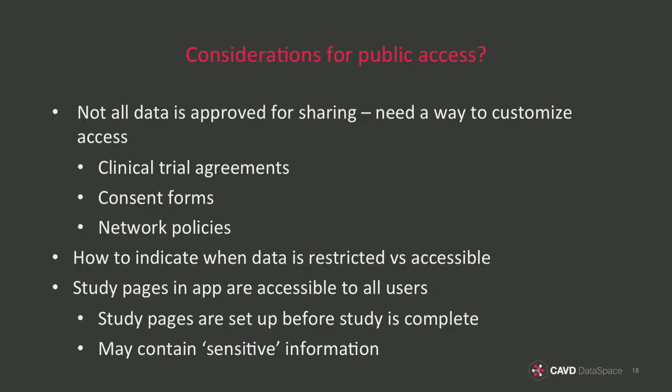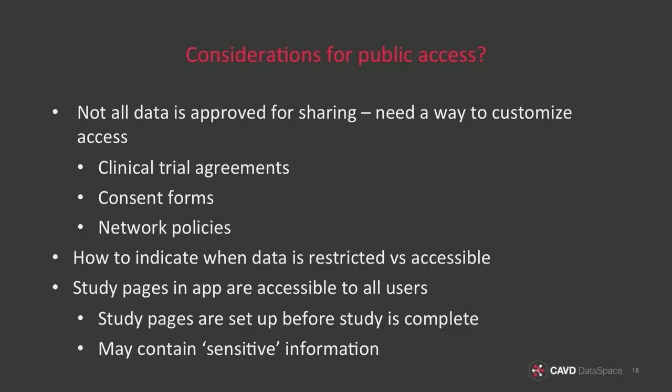Some of the considerations that we thought about as we were planning this public access. The main one is that not all the data is approved for sharing. In the CAVD, it's largely animal trials and NHP trials, but we do have human trials as well. And as we get into the HIV Vaccine Trials Network, that's entirely clinical trials.